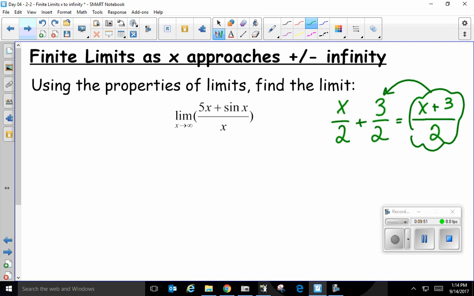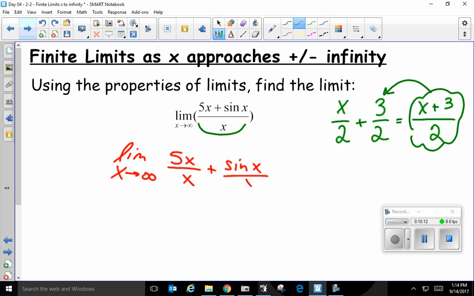So I'm going to break this up into 2 separate fractions, using the same mentality. Let's do it. We're going to take the limit as x approaches infinity of 5x over x plus sine of x over x. That is the same thing as this.